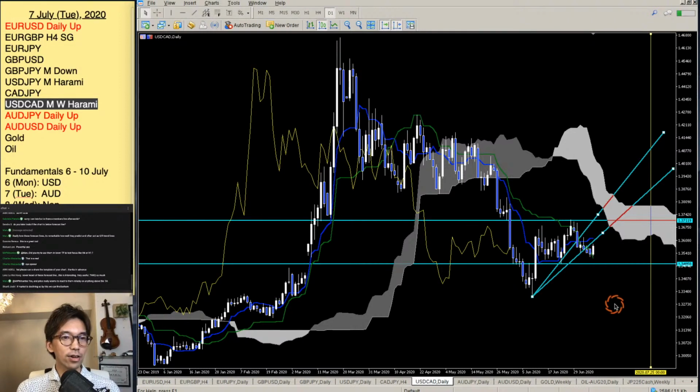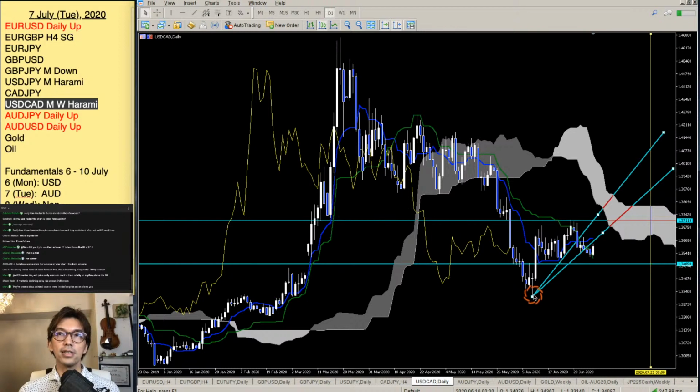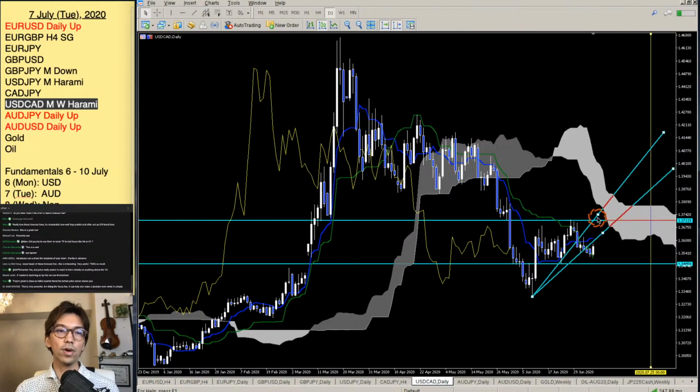Not understanding? So you just take the highest price, or in this case the lowest price, on the daily chart. Come to the daily chart, and whenever you see the retracement, get this lowest price, take the lowest low, the wick pointing downwards, and draw the line to Senko span B and Senko span A at that time, and see whether the price is above, in the middle, or below these forecast lines.